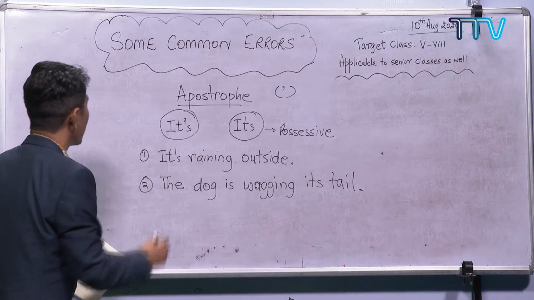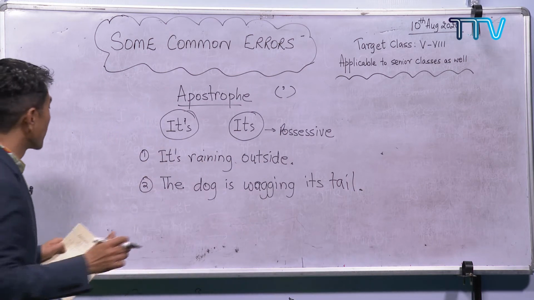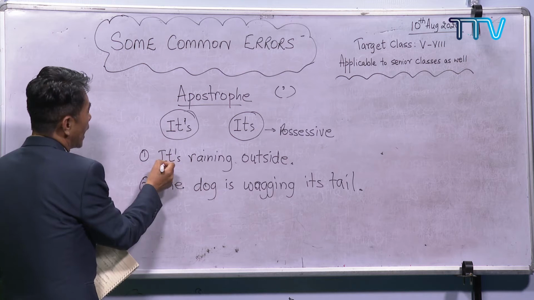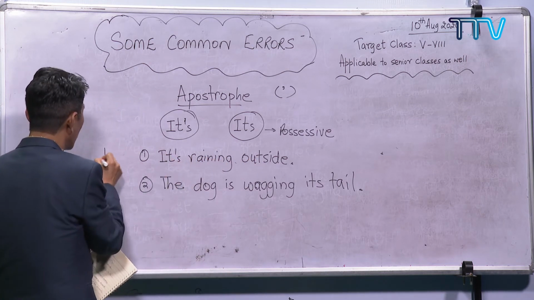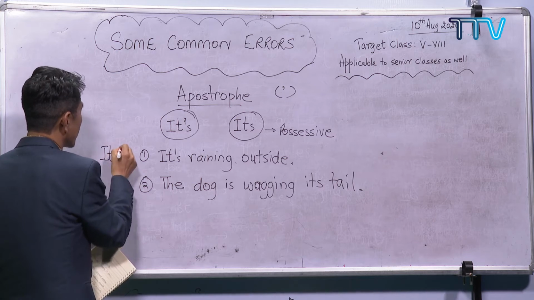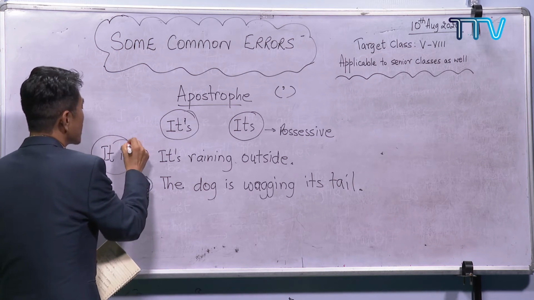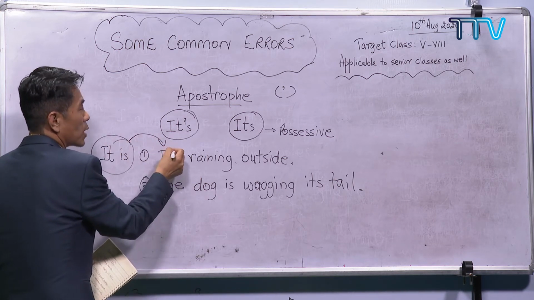Now, if you look at these two sentences, you will get some meaning. It is raining outside. So this is the contraction of it is. The contraction of it is where you have to use the apostrophe.